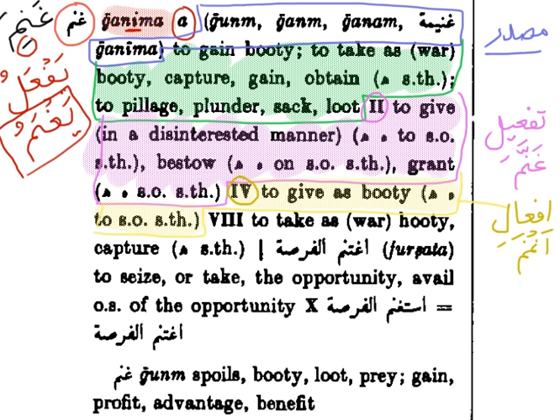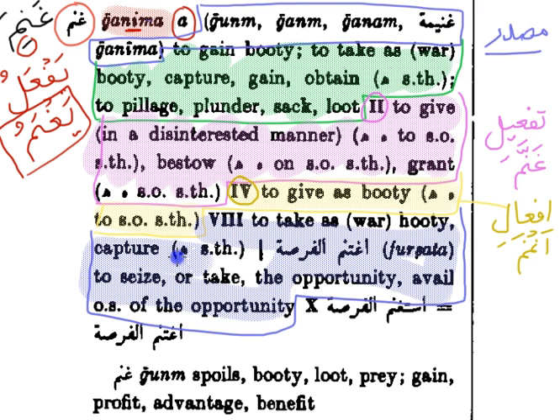And then after that we have the Roman numeral 7, which goes all the way here, and it has the meaning of ightinam, ifti'al. This is the chapter of ifti'al. Now what that means is that ifti'al would be ightinam, ightanama.